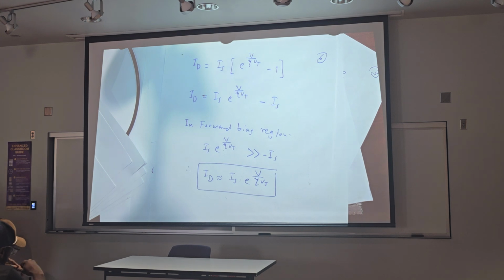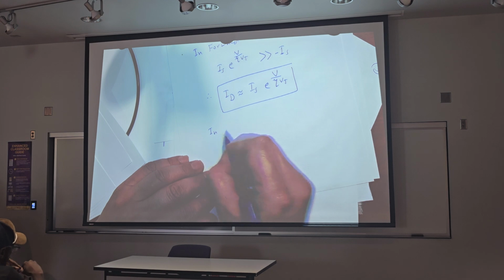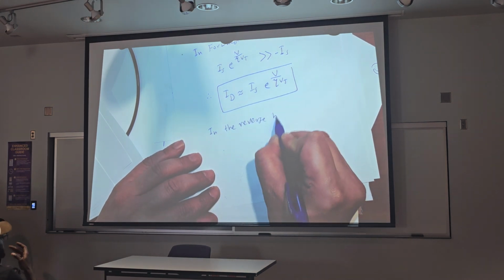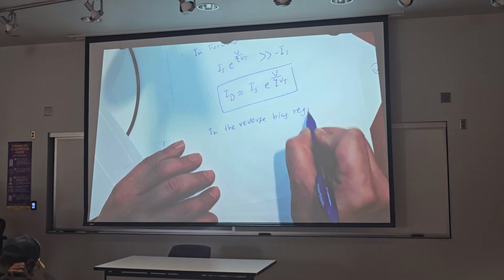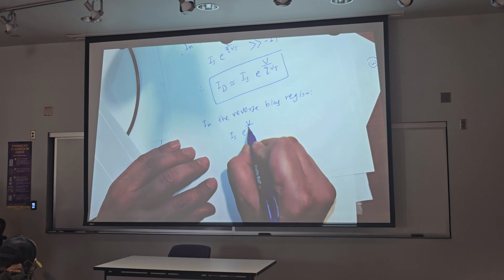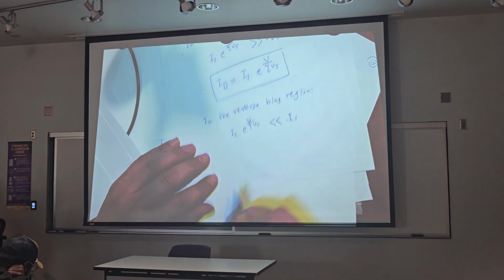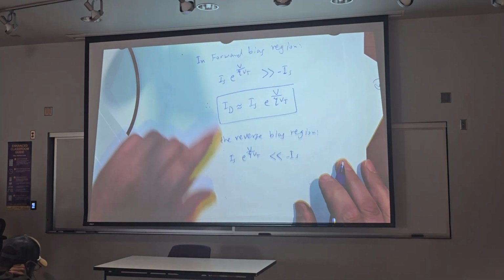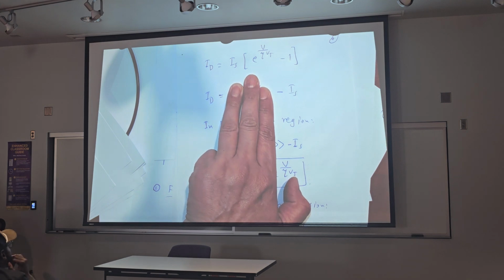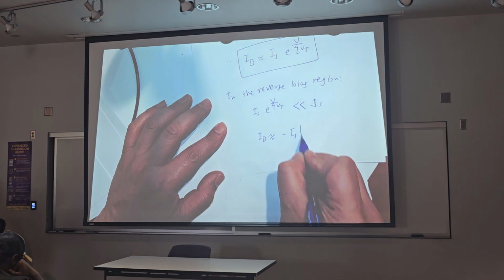Okay, so now in the reverse bias region, IS e to the V over eta VT is less than IS. So using this equation, we can ignore this term, so ID is approximately minus IS.